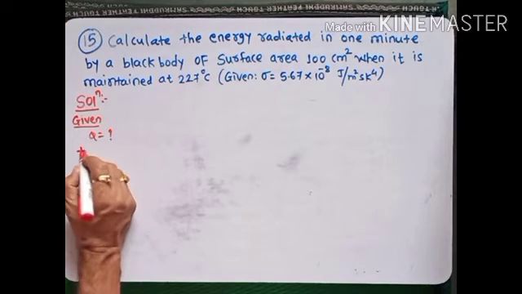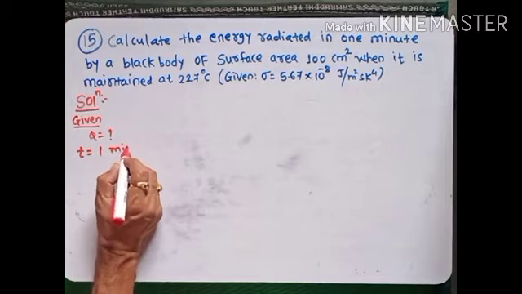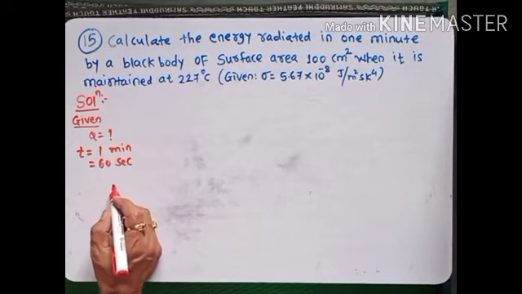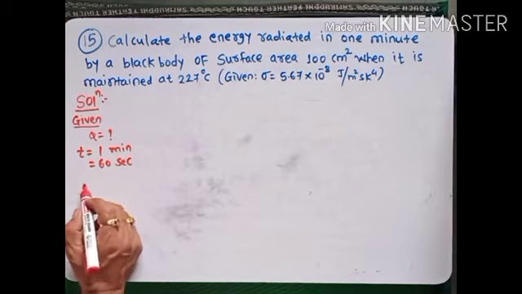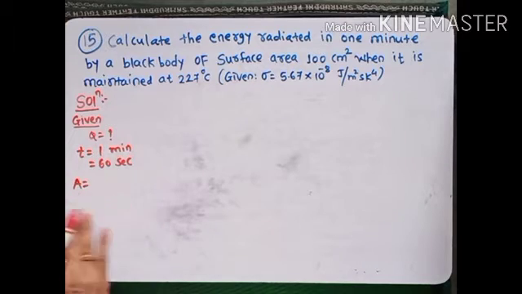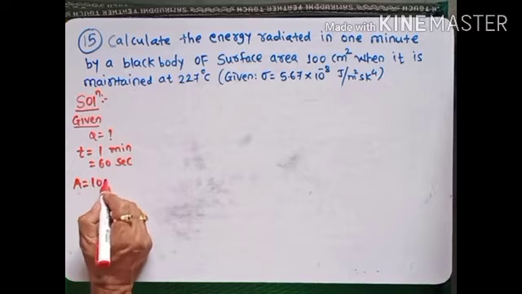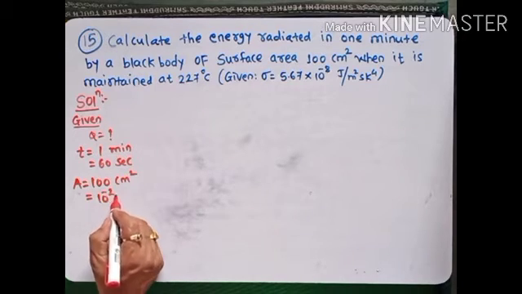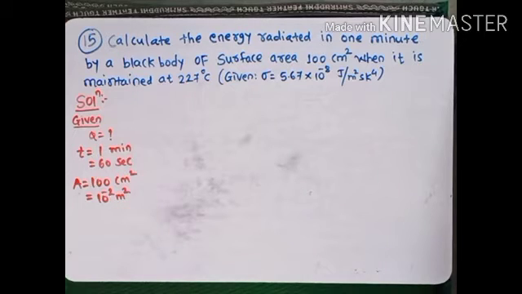Now time is given, t equal to 1 minute means 60 seconds, by a black body of surface area 100 cm square, that means 10 raised to minus 2 meters square, we multiply by 10 raised to minus 4.